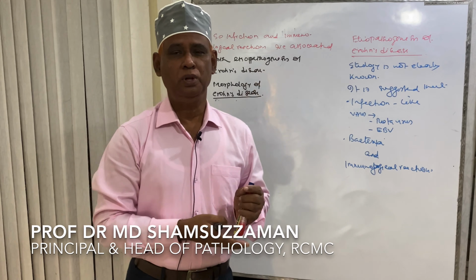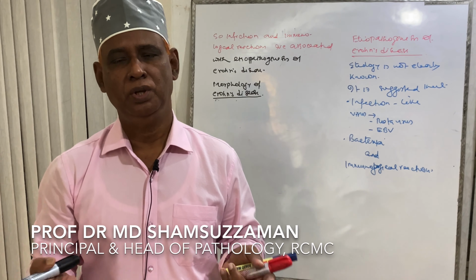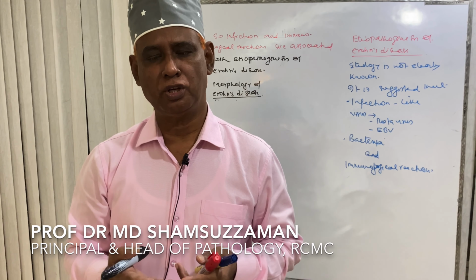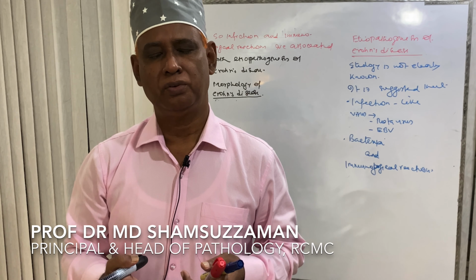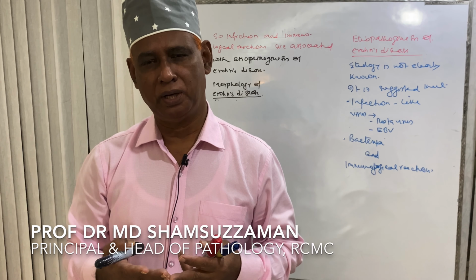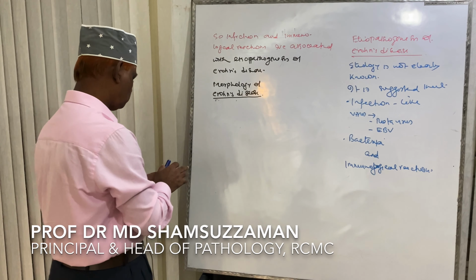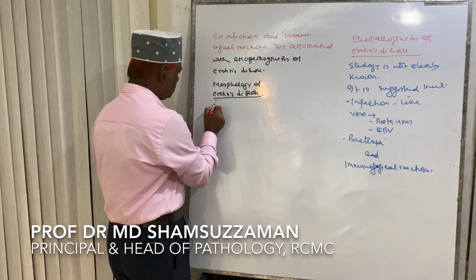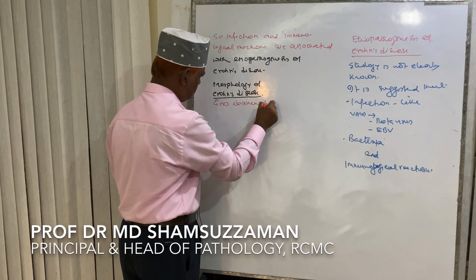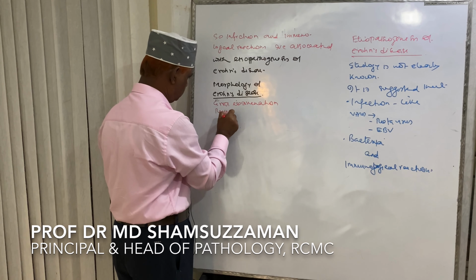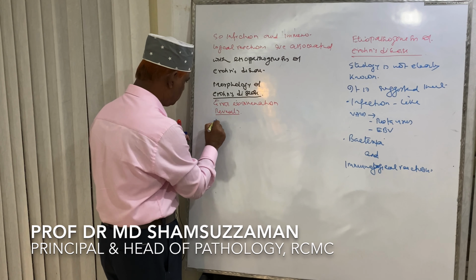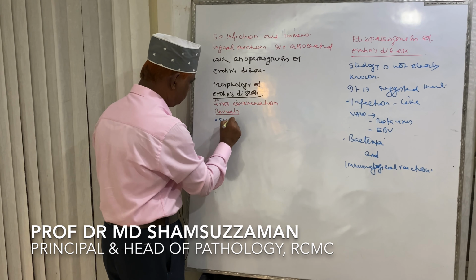Dear audience, I have told you it is an idiopathic, chronic disease, there is ulceration in the mucosa, constriction of the affected part, and transmural non-caseating granulomatous inflammation. Gross examination reveals skip lesion.